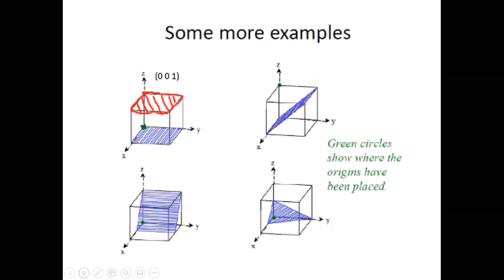If we moved it to the left or to the right, this plane would never cross the x-axis if we move it off the origin. So again, we dropped it down 1 unit in the z direction, and we moved it 1 unit in the y direction. If we move it slightly off the axes, you see that it would never touch the x-axis.